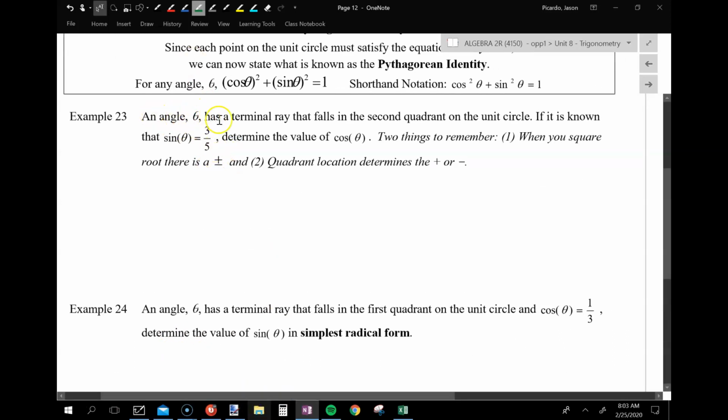Ready? It says for any theta, there's a terminal ray that falls in the second quadrant. So there is an angle that falls in the second quadrant. It is known that sine of theta equals 3/5. I want to know the value of cosine of theta.